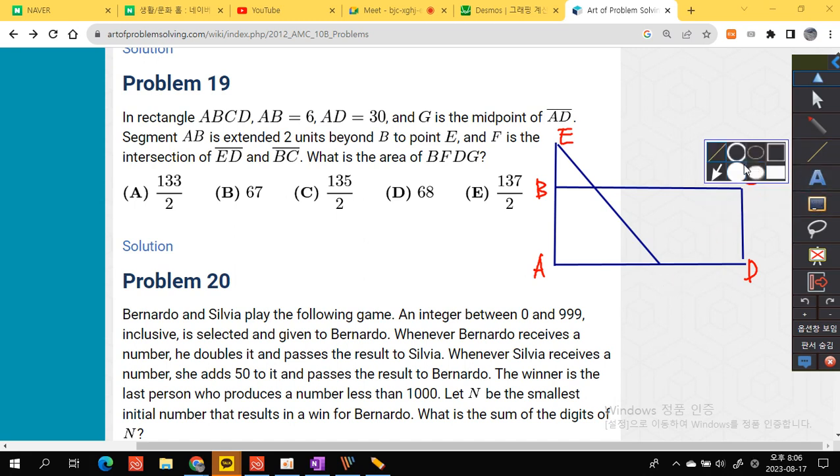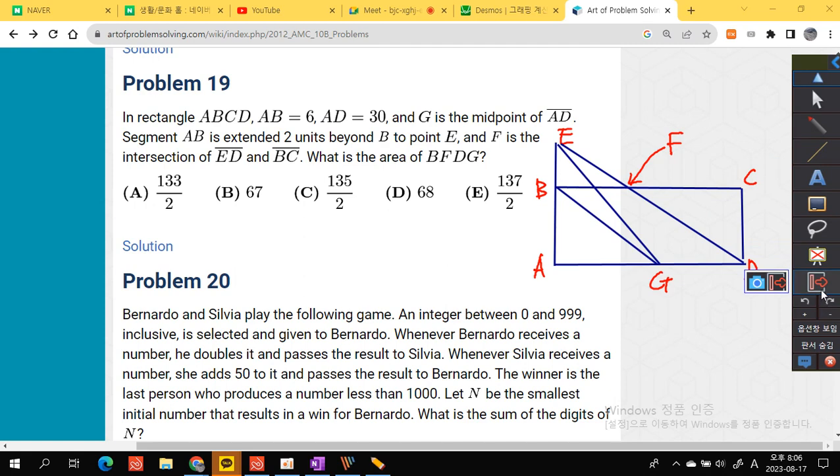So this point is F. So we want to find the area of this trapezoid.